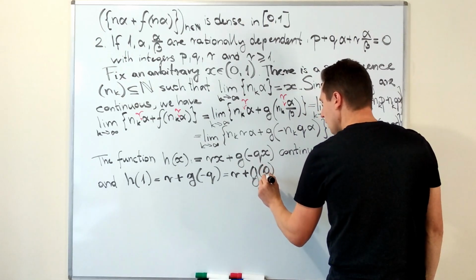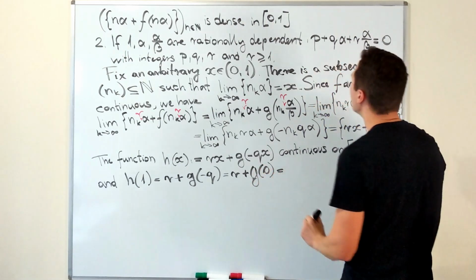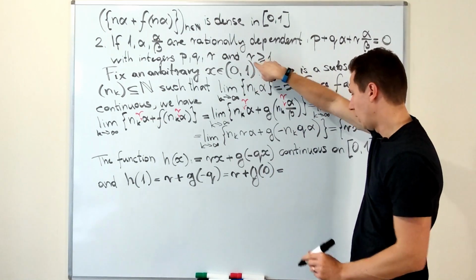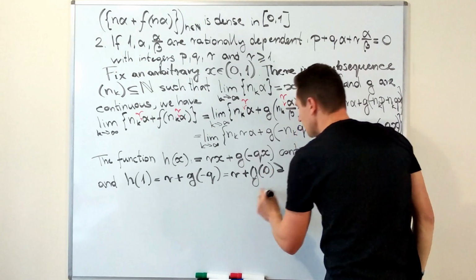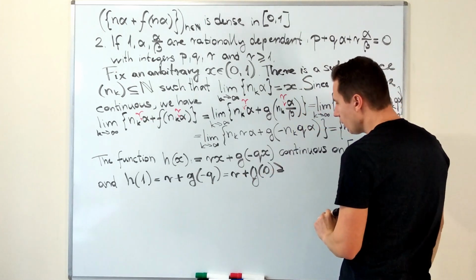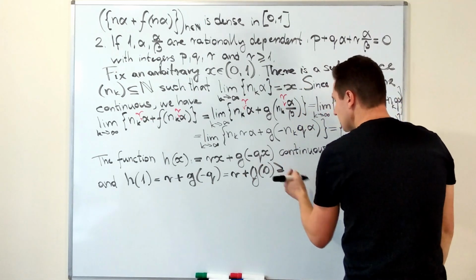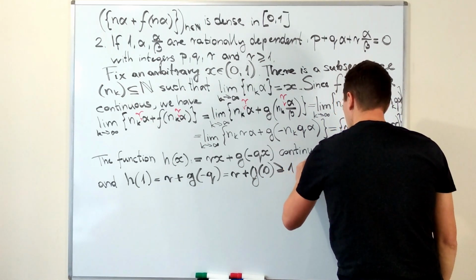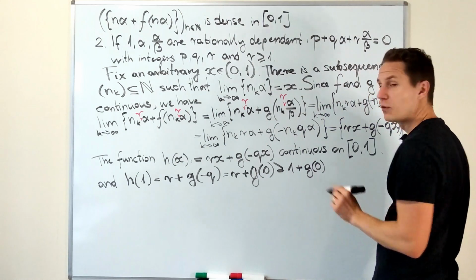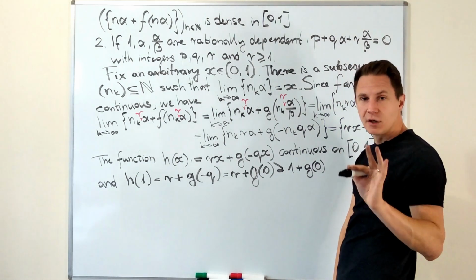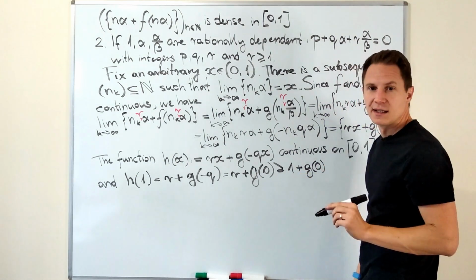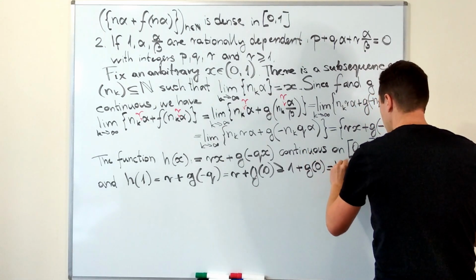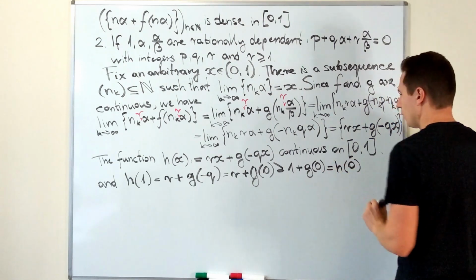But of course, we found that r should be greater than or equal to 1, meaning that r plus g of 0 is greater than or equal to 1 plus g of 0. And 1 plus g of 0 is the same thing as 1 plus h of 0.